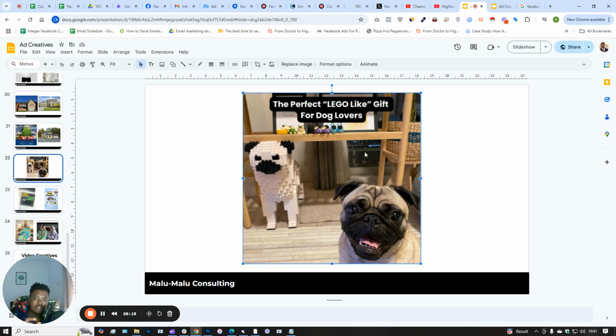If you are going to use copy, make it short, make it simple, and from reading this, I know exactly what the person is trying to sell. When I scroll down, the first thing I'm going to see is the pug. That's going to grab my attention, and then I'm going to read the top part. The perfect Lego-like gift for dog lovers. The Lego that matches with the pug. That's creative right there.